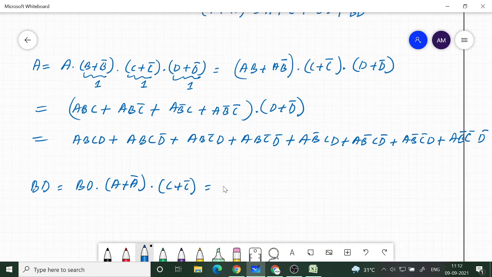How many terms will I get? See, it's very easy to see. This A will go here, A will be combined with this. So will it be 6? How many terms? 3, 4, 5, 6. 1, 2, 3, 4.